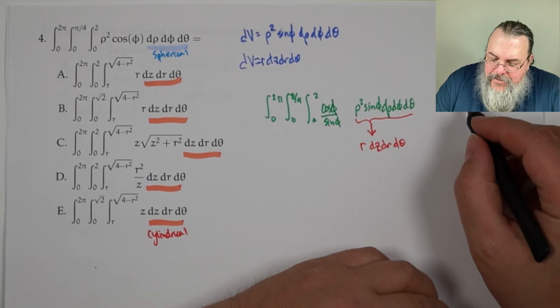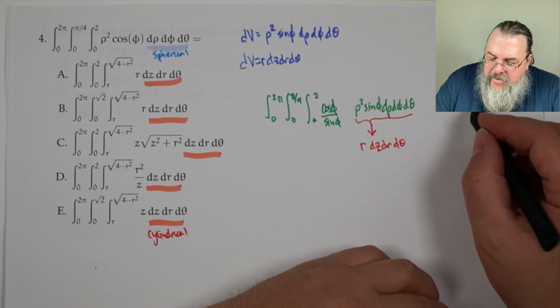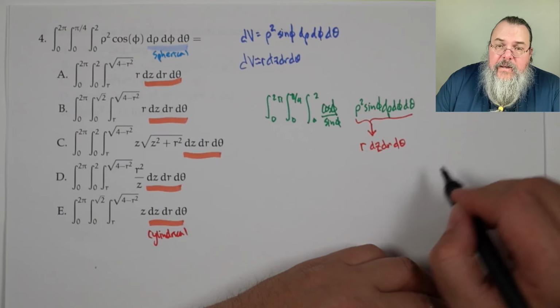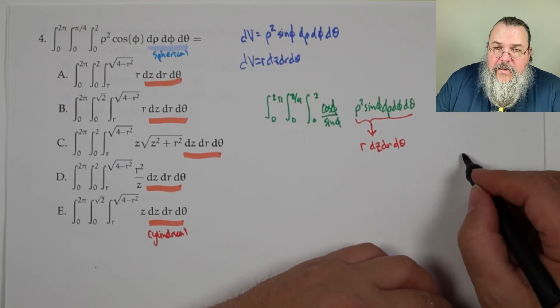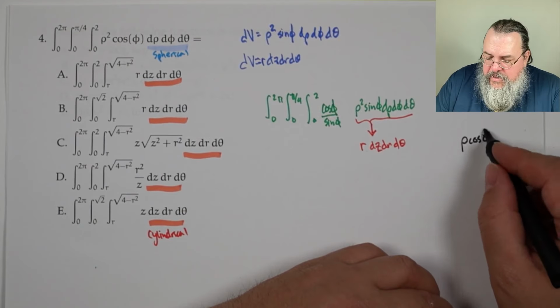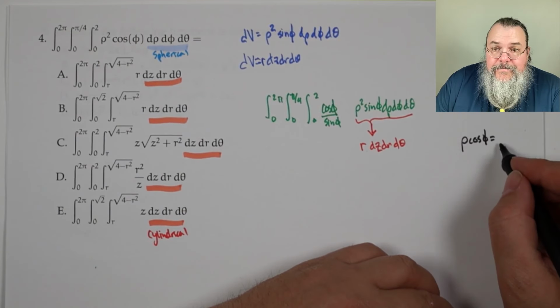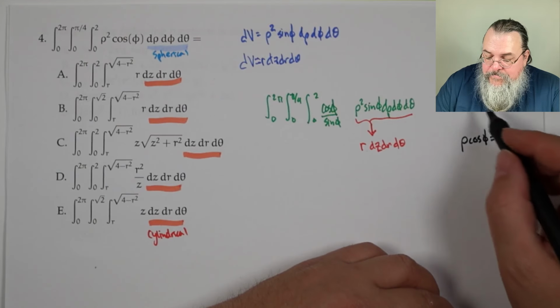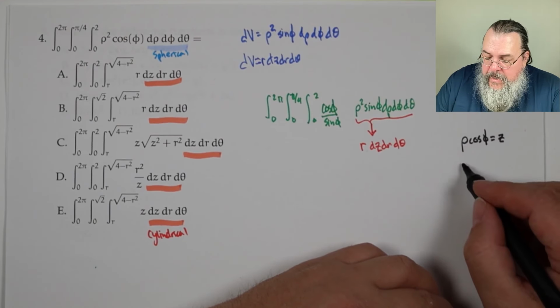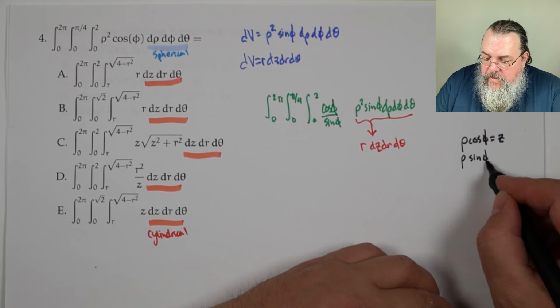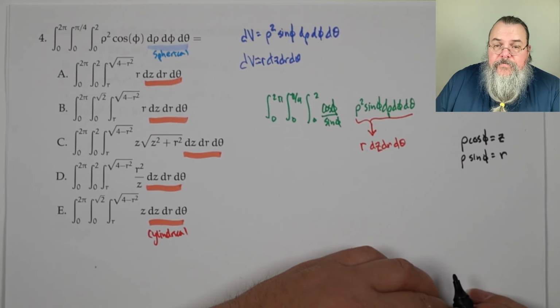But here's something you'll see. You'll see that there is something that involves cosine phi. And whoops, let me move it down a little bit. It says rho cosine phi is equal to z. All right. And rho sine phi is equal to r.